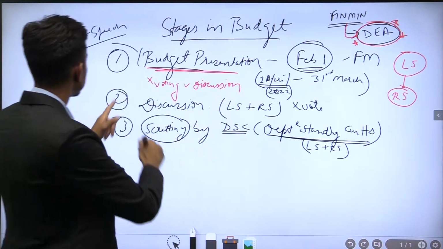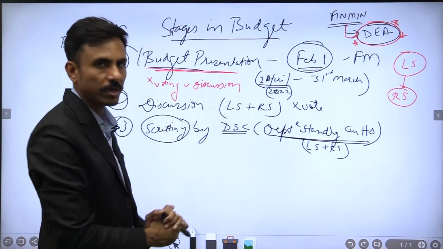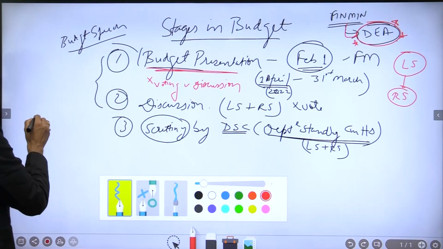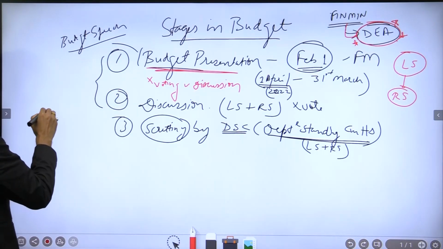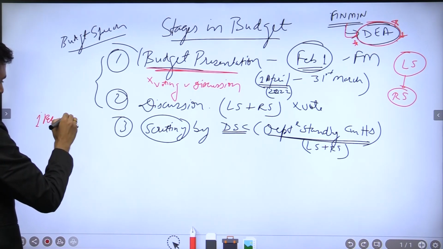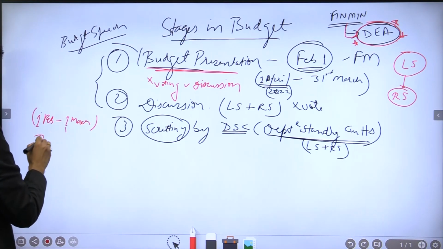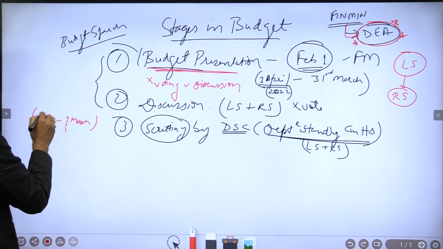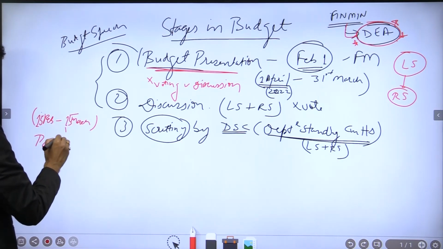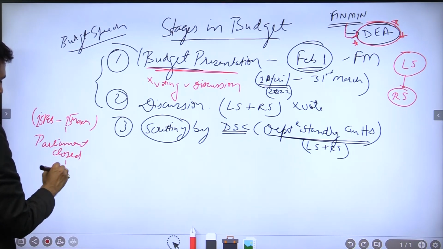It goes from 1st of February till, let's say, 1st of March, and normally it happens around 15th of February till 15th of March. Parliament is closed during this time, also technically called recess time.